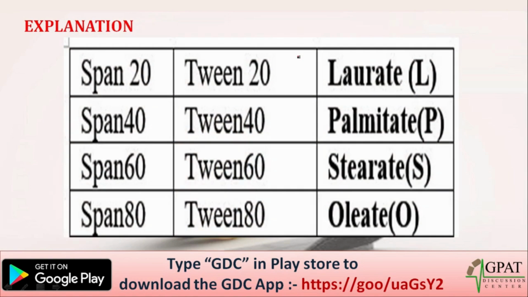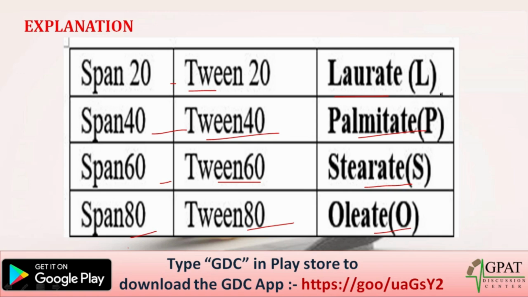Here we have a trick to learn this. SPAN 20 and Tween 20 is laurate, SPAN 40 and Tween 40 palmitate, SPAN 60 and Tween 60 stearate, SPAN 80 and Tween 80 oleate.